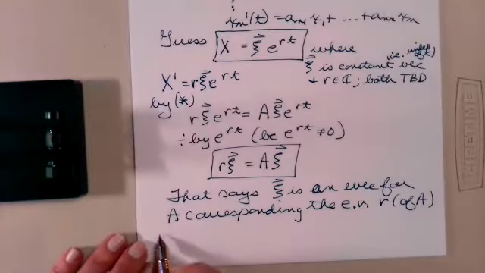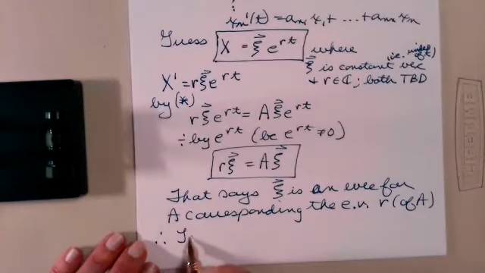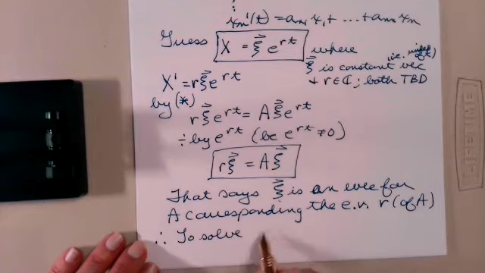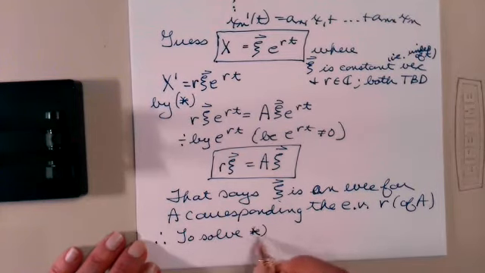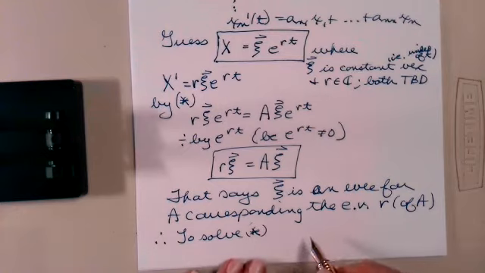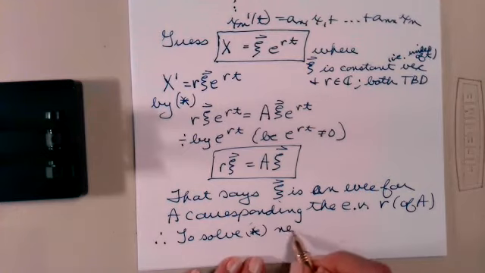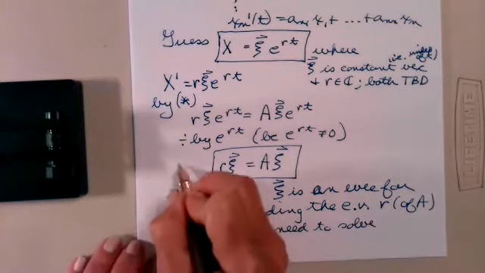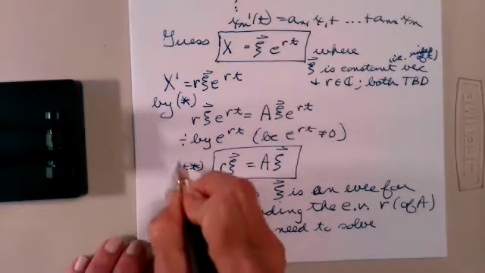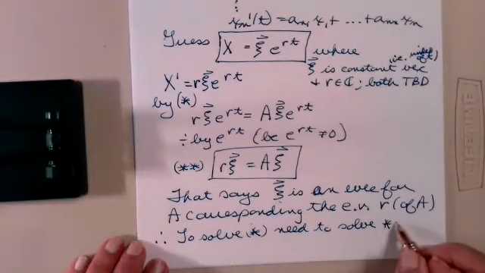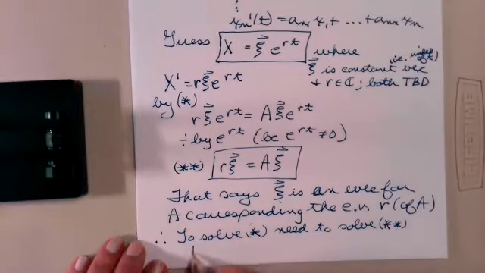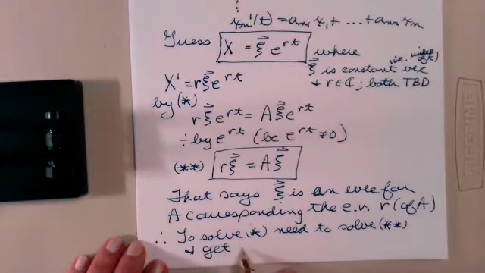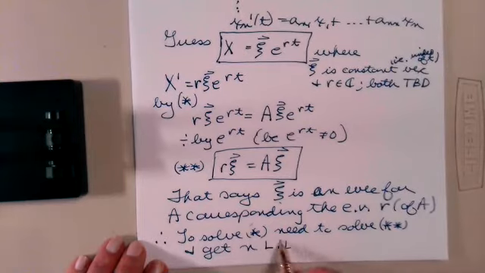Okay, so that means, therefore, to solve the equation star, we need to solve, let's call this one double star, and get n linearly independent eigenvectors.